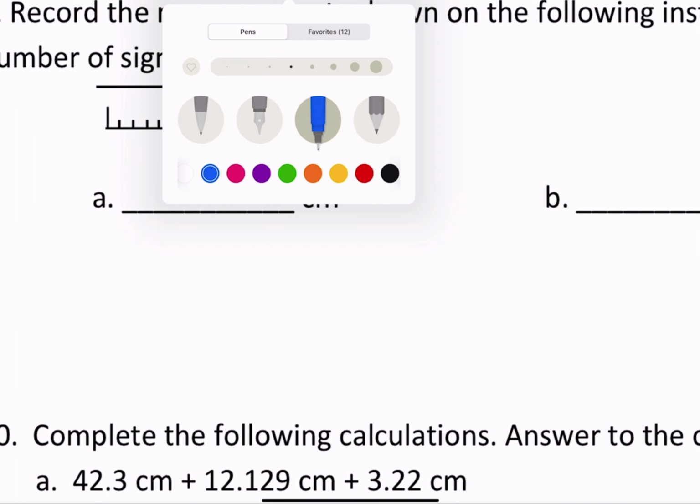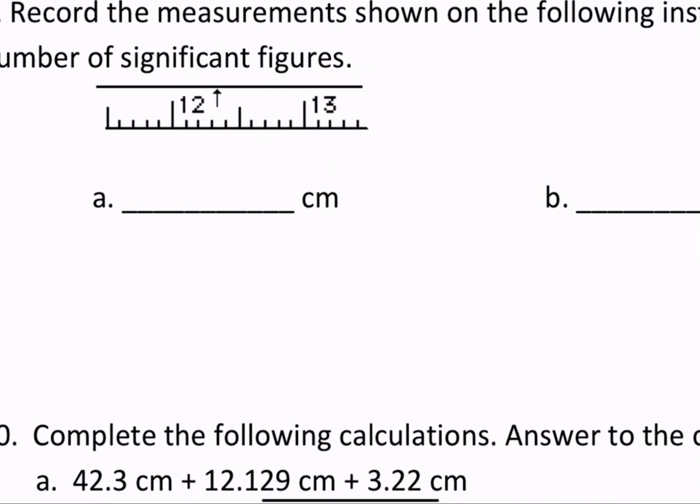So here, it's 12. Here, it's 13. So what are these little teeny tiny marks in between? Well, you see that it's subdivided in tenths. Therefore, this one will be 12.1. And it's still big, but it's okay.